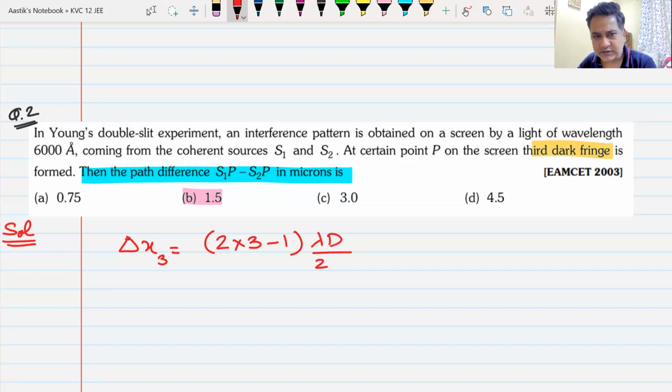Yes or no? Or am I doing anything wrong? Remember, it is odd multiples of pi. I was multiplying it wrongly by the fringe width. So it is (2m minus 1) into lambda by 2. You put the values, you get the answer, and you stay happy.